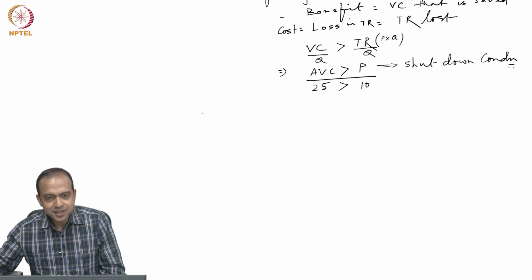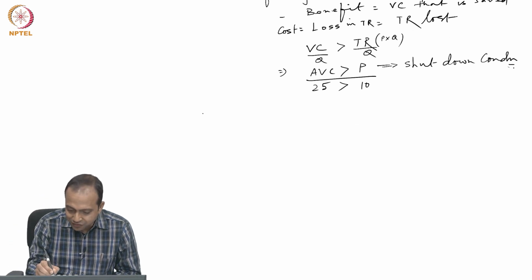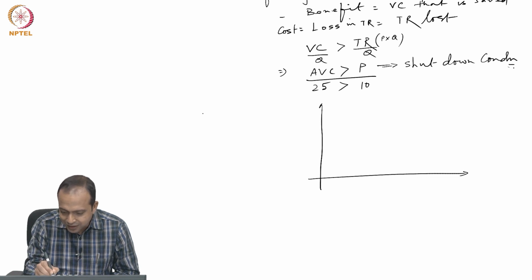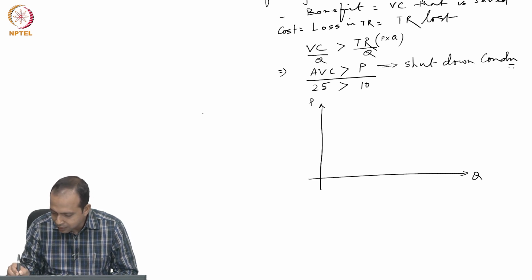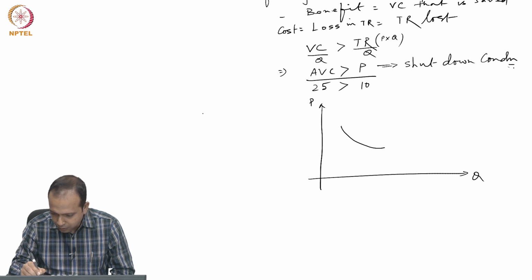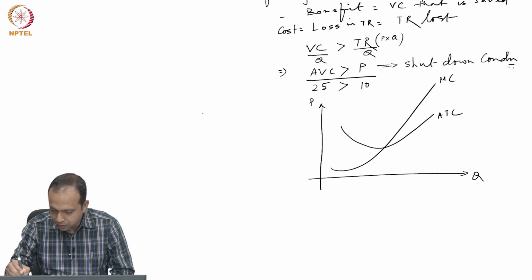So, that means if you plot this AVC, MC and ATC, let us say this is your ATC, this is your MC, and this is AVC.